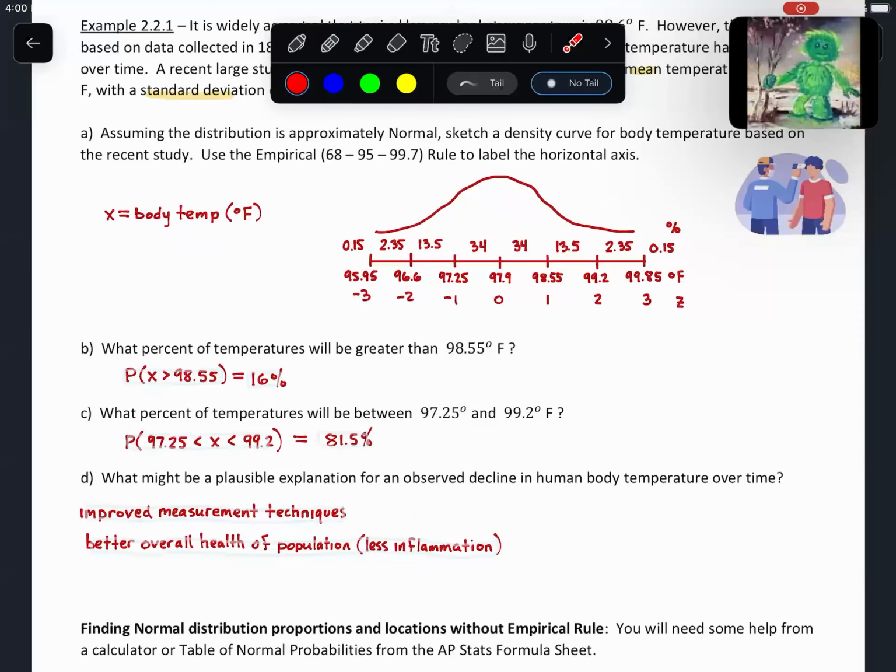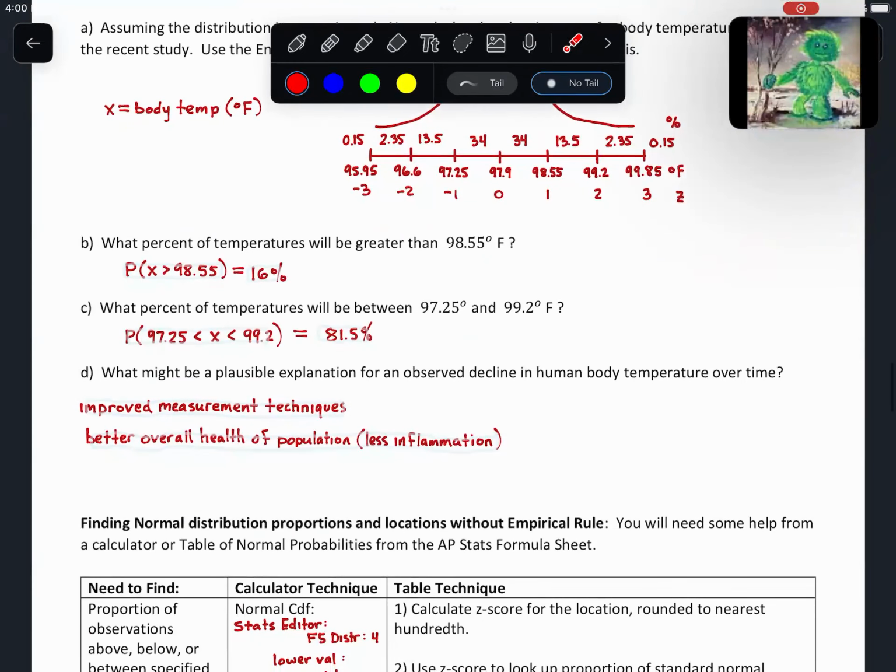We need another way to perform normal distribution calculations. And luckily for us, you have a couple options at your disposal. It is possible to use your calculator. There are calculations in the Stats app that handle normal probabilities and proportions.